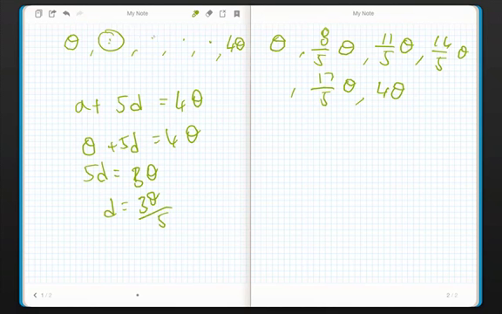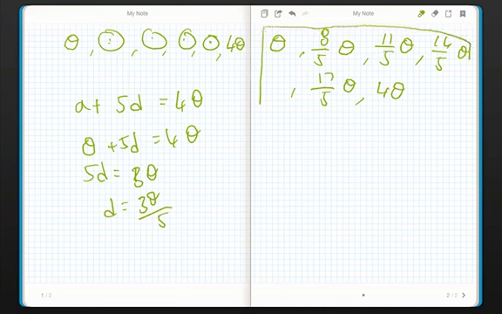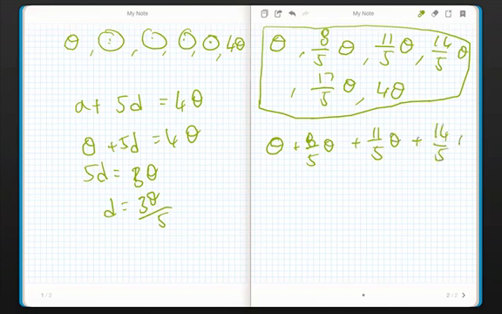We have filled out these gaps over here. Now we know that in a circle, the sum of all the angles in all the sectors is equal to 360. So theta plus 8 by 5 theta plus 11 by 5 theta plus 14 by 5 theta plus 17 by 5 theta plus 4 theta is equal to 360.